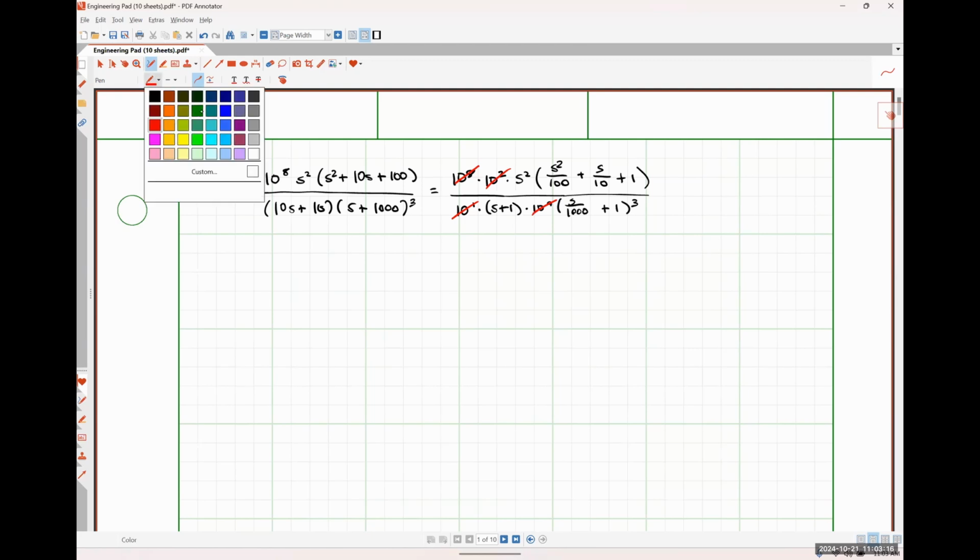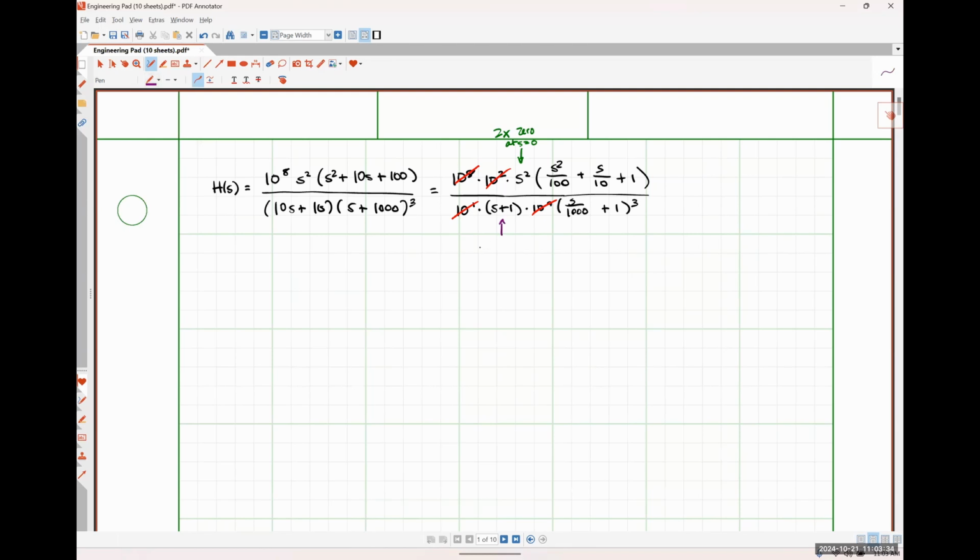So let's look at what I have here really quickly. So I have a twice repeated 0 at s is equal to 0. I have a pole at s is equal to 1.